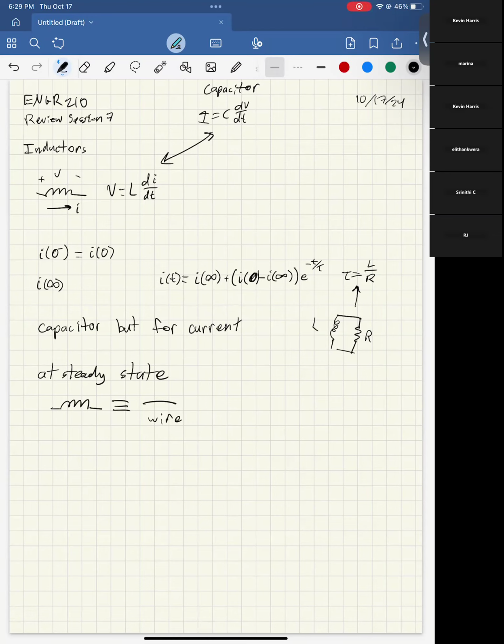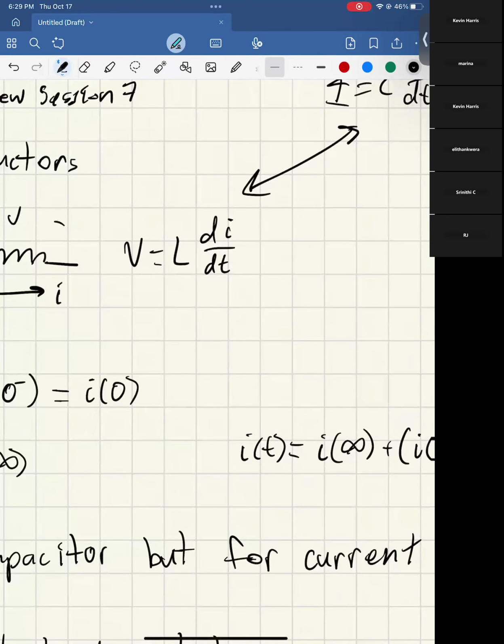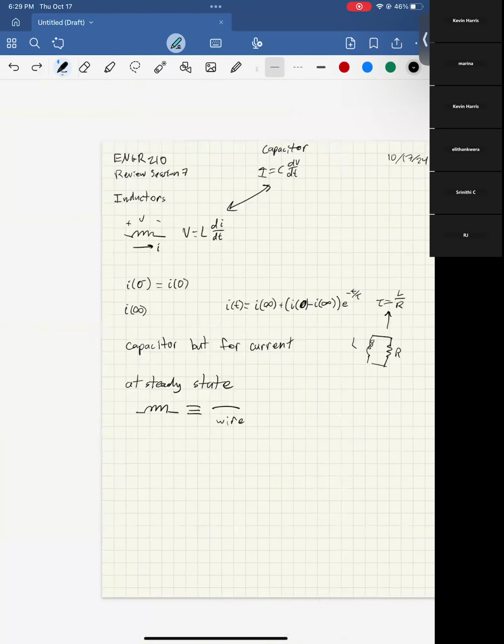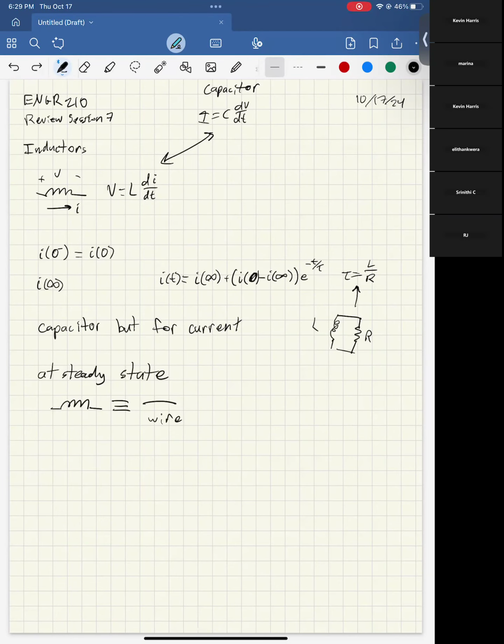You can think about that as: at steady state, the current will have stopped changing, so the voltage drop across it will be zero, and the voltage drop across a wire is zero. And at a step response, it's going to be equal to a current source with the value of IL of 0 minus. We'll see that in a sec.